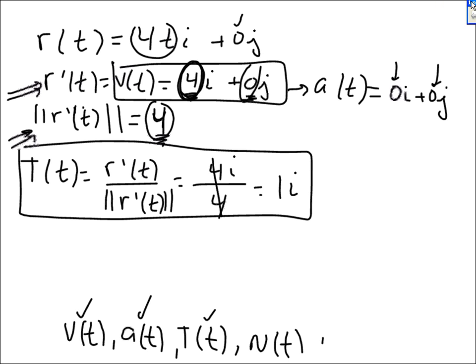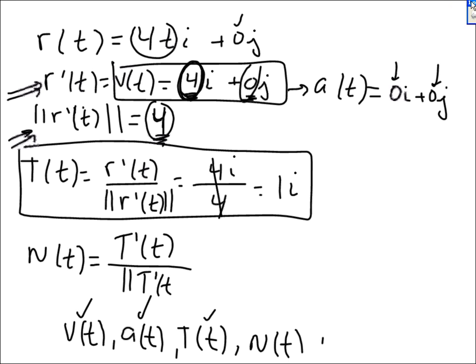Now we need N of t. N of t by definition is T prime of t divided by the length of T prime of t. But since T is a constant, T prime is 0.